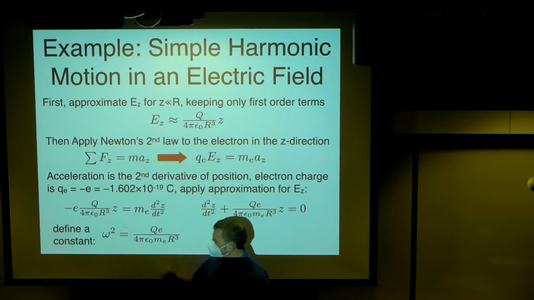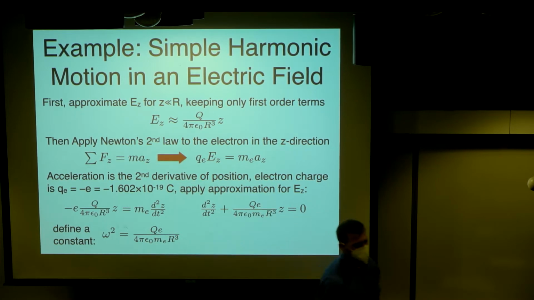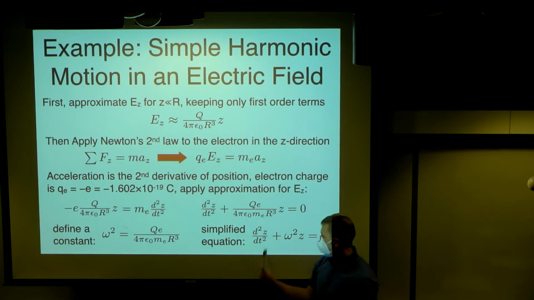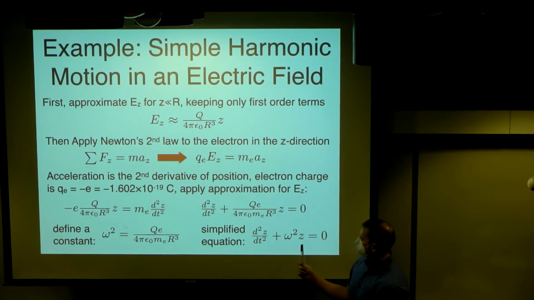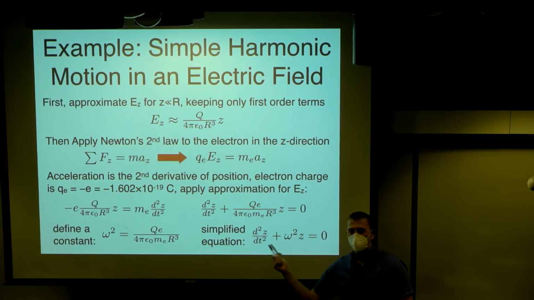But we'll say omega squared is this big constant. I'm not even going to say it again. You know what it is, okay? That's now just going to be called omega squared from here on out, which gives us a pretty simplified equation. So now we just have the second derivative of z with respect to time plus omega squared z equals 0. Does this look familiar to anybody at all?